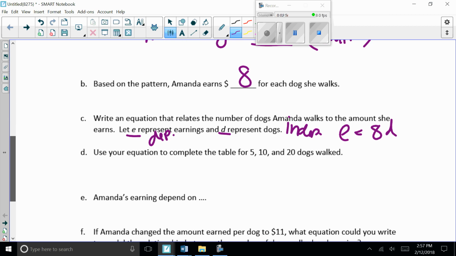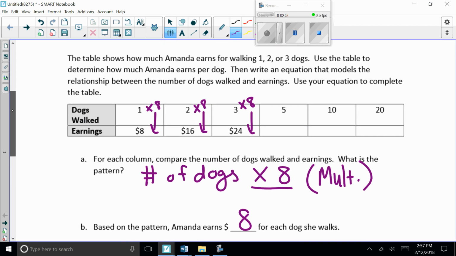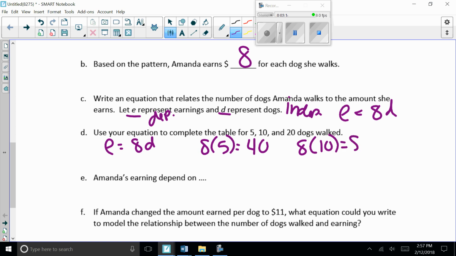And it says use your equation to complete the table. So if we move up here on the top, I have 5 dogs, 10 dogs, and 20 dogs. So if I'm going to use the equation, E equals 8 times the number of dogs, I know that 8 times 5 will get me 40. I know that 8 times 10 will get me 80. And I know that 8 times 20 is going to give me 160.